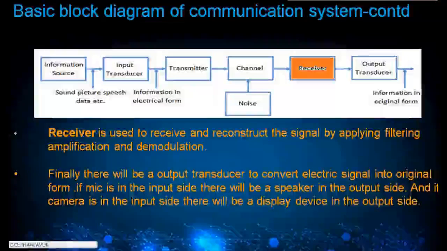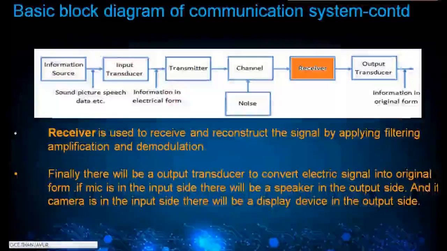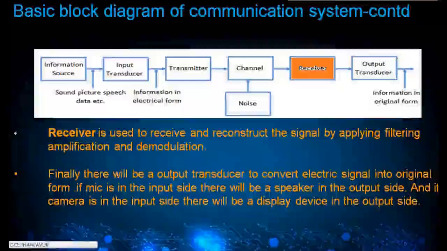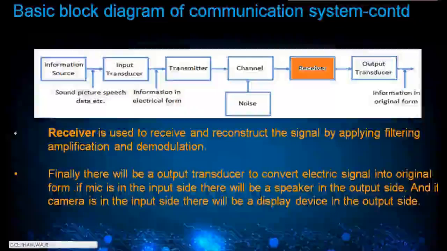If a mic is on the input side, there will be a speaker on the output side. And if a camera is on the input side, there will be a display device on the output side. If there is a keyboard on the input side, there will be a monitor on the output side. So this is the process to transmit any type of information in any type of communication.